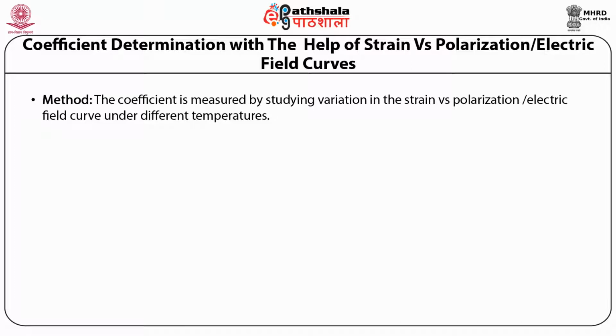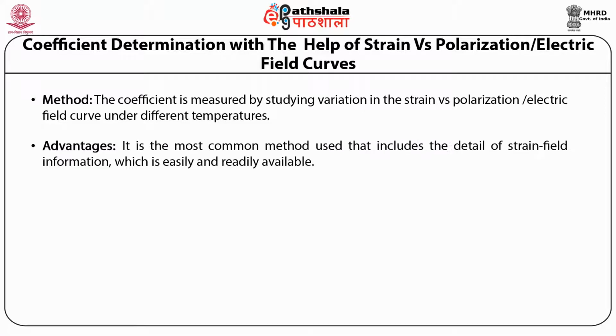The equation, x_ij equal to Q P squared, which we have already studied, forms the basis for such a measurement. This method is applicable for determining the electrostrictive coefficient of materials having a high dielectric response, where the strains can be measured with minimum errors. So, this is about the method.